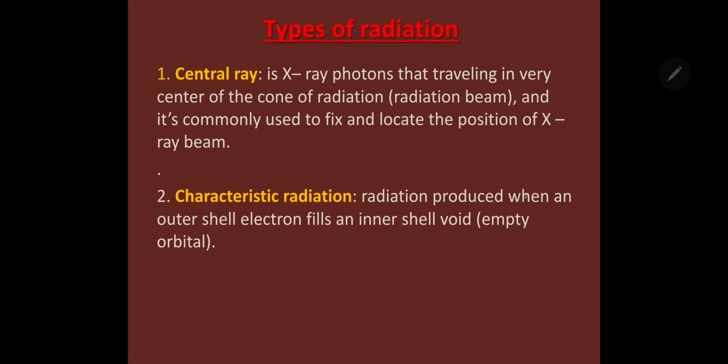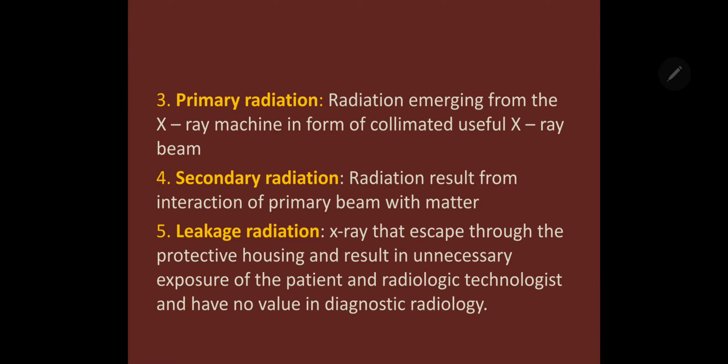Radiation produced when an outer shell electron fills an inner shell void, an empty orbital. Primary radiation. Radiation emerging from the X-ray machine in the form of a collimated useful X-ray beam. Secondary radiation. Radiation results from interaction of a primary beam with matter.